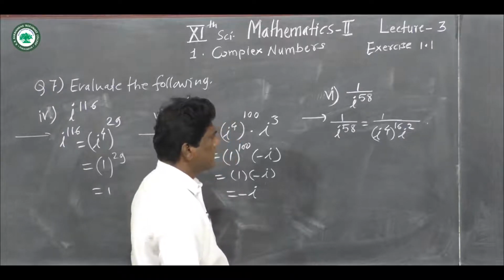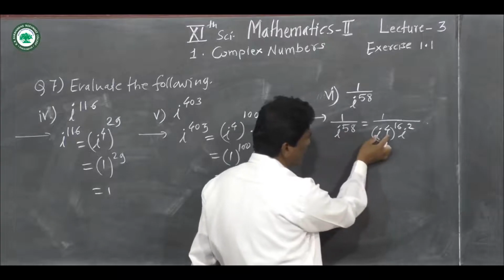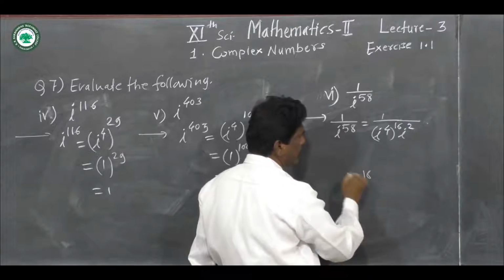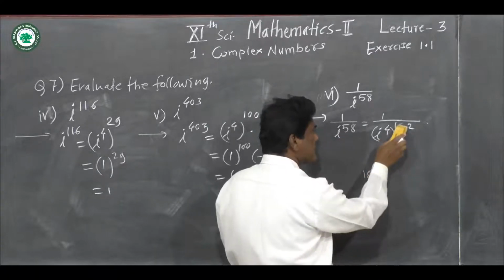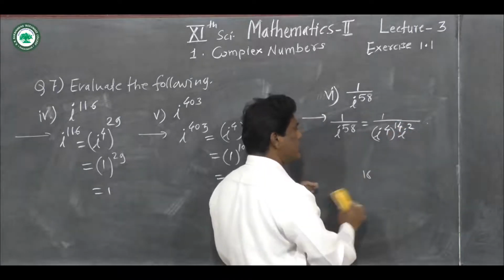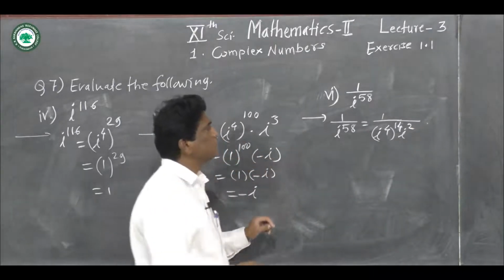Now see here again, i to the power 4, 4 1s are 4, and here 1, 8, and 4 4s are 16, 17 and 18, here the remainder is 2, i to the power 2.